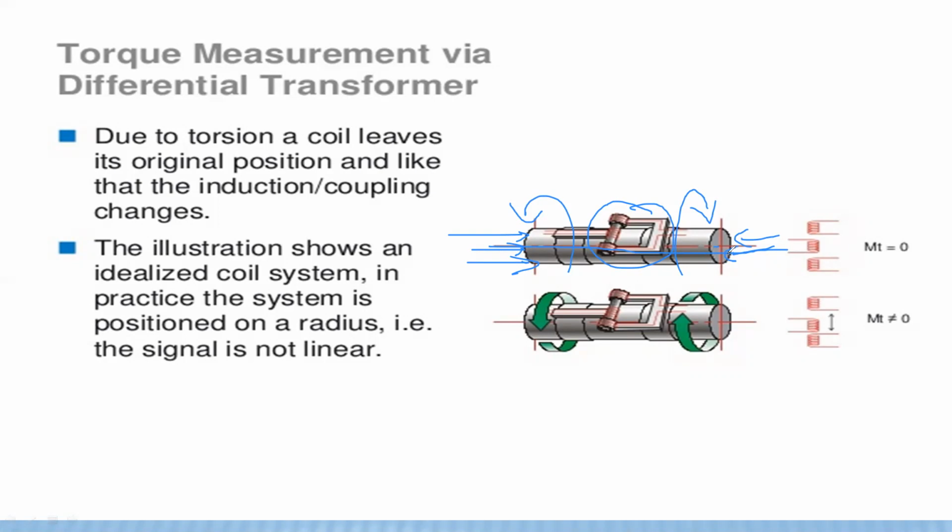That is, a differential transformer is placed on the object. You can see these are the twisting directions. In these twisting directions, in that transformer, the resistance is developed. Based upon that resistance, we can calculate the torque. Okay.